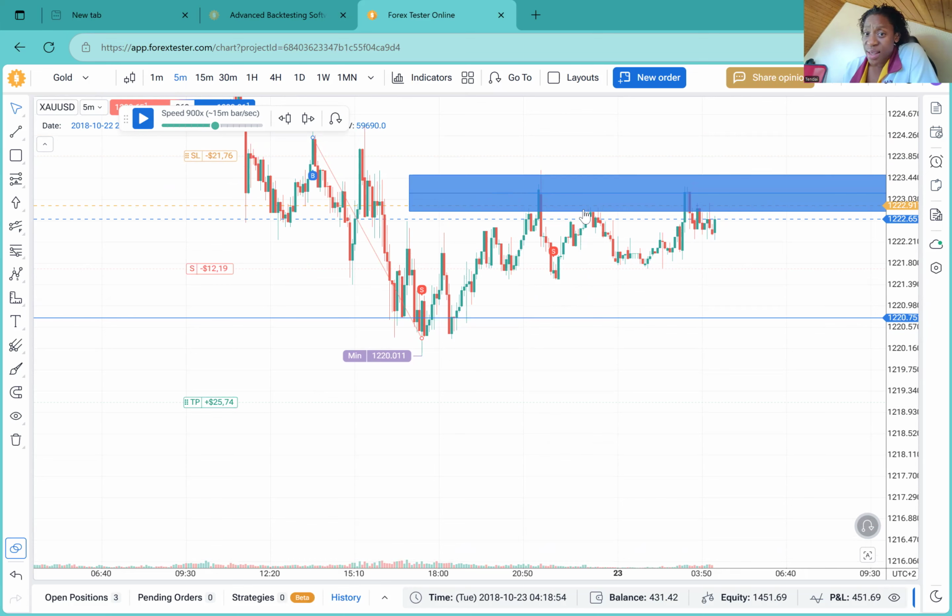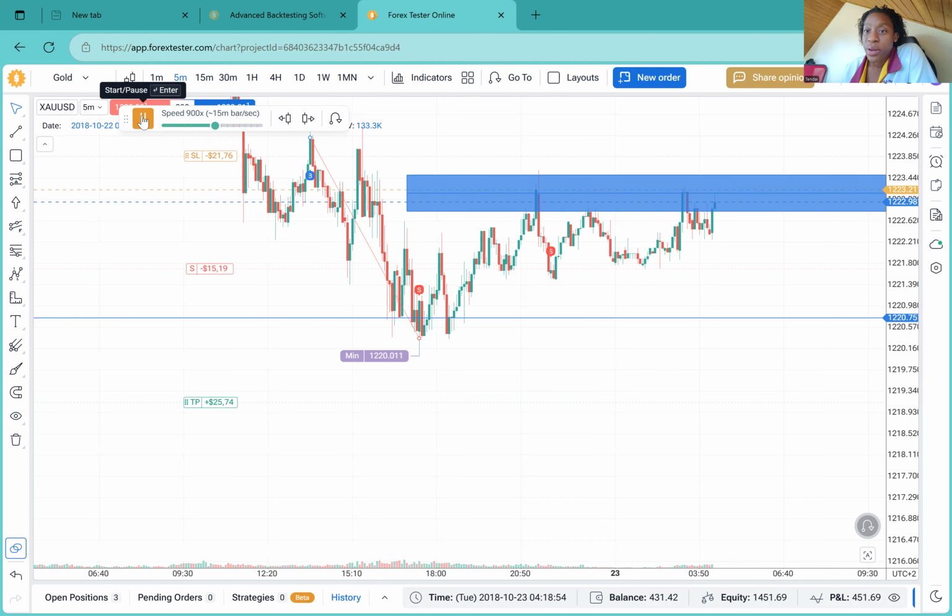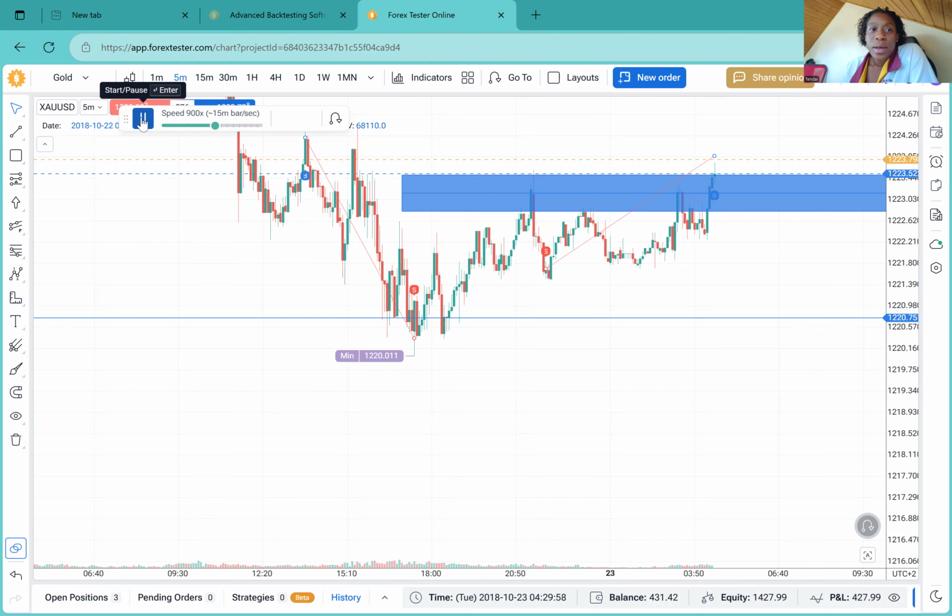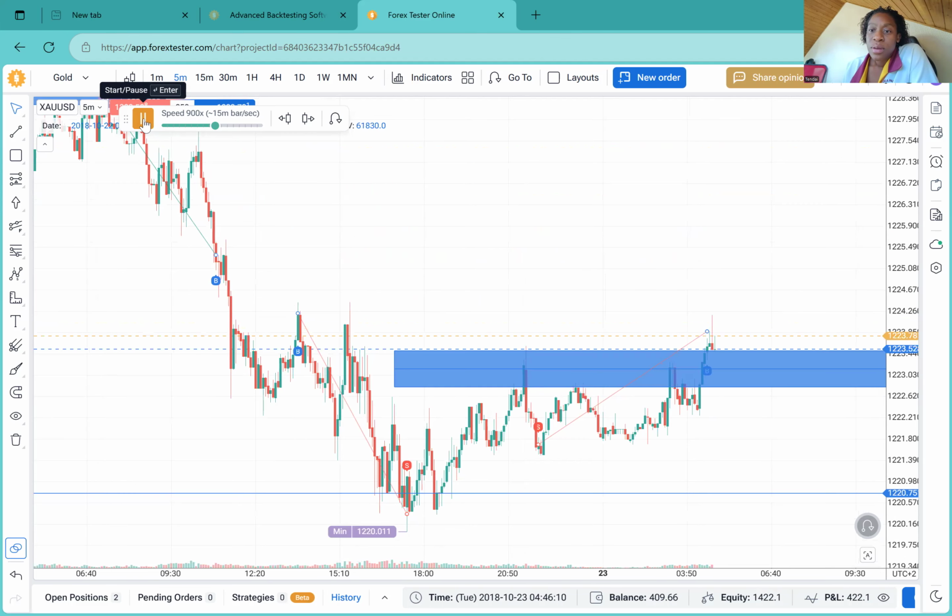It didn't give us a lower high. It came down to give us another lower high, and price has not broken this high. Okay, so we chill. Okay, now it has. Let's set our take profit.